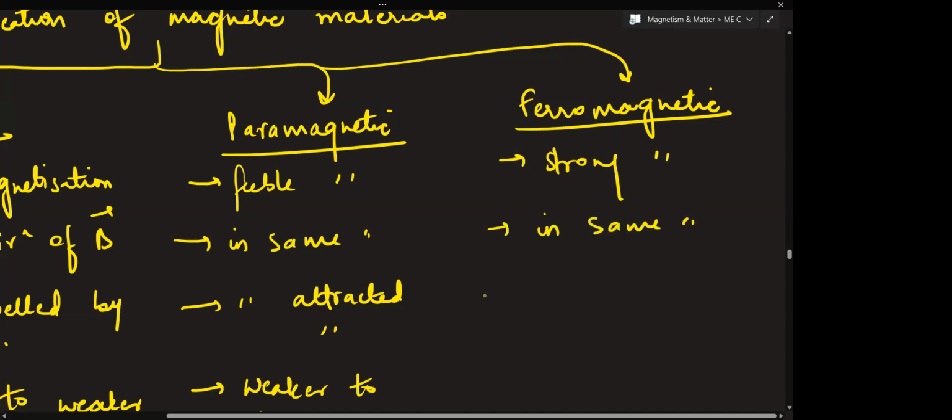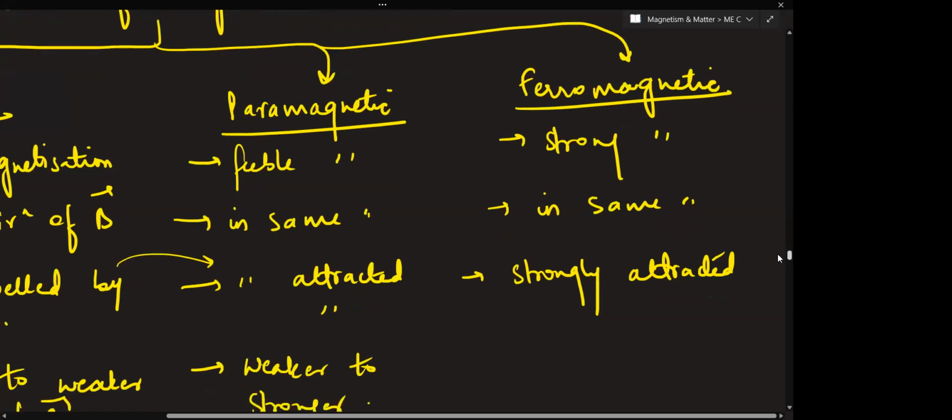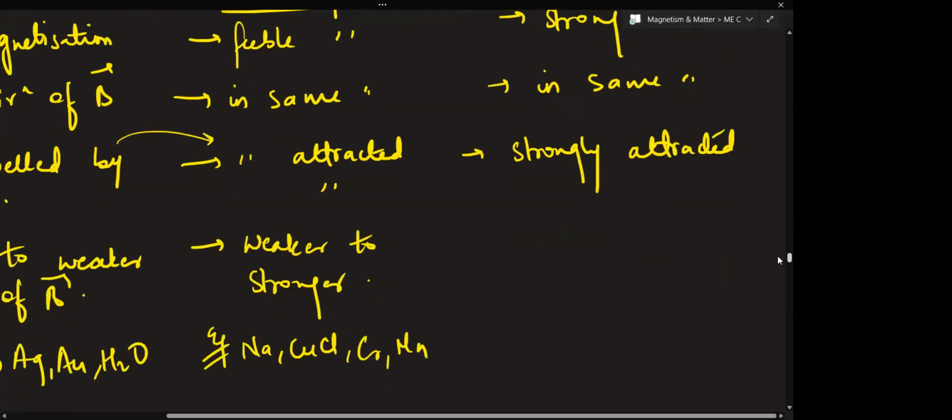The earlier ones were feebly attracted by magnets, and these get strongly attracted. The first one was feebly repelled, the second one was feebly attracted, the third one was strongly attracted.